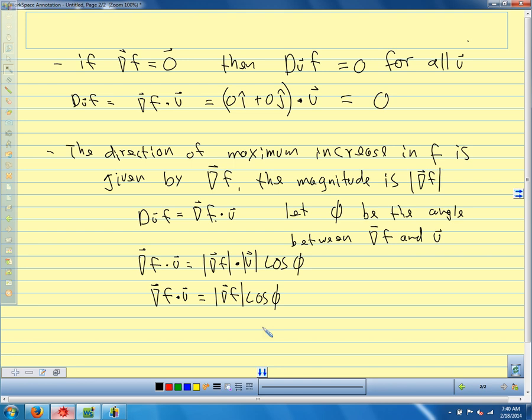It's going to be a maximum when the cosine of phi equals 1, because the cosine varies between positive and negative 1. So this quantity is going to be a maximum when cosine phi equals 1. That tells us that phi equals 0, and del f and u are in the same direction.